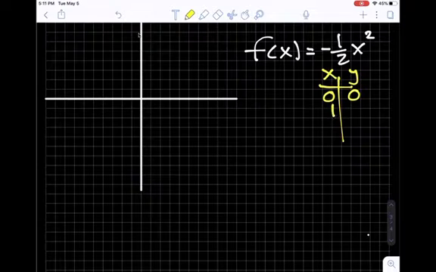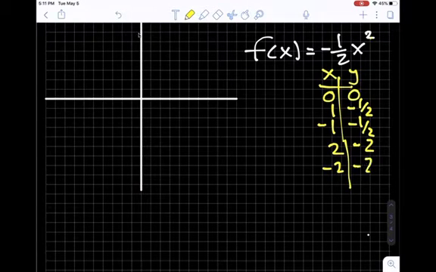If I put 1 in, 1 squared times negative 1/2 gives me negative 1/2. Negative 1 gives the same thing. If I put 2 in, 2 squared is 4, times 1/2 is 2, so it would be negative 2, and negative 2 would also return negative 2.